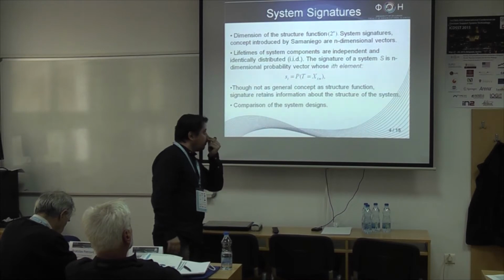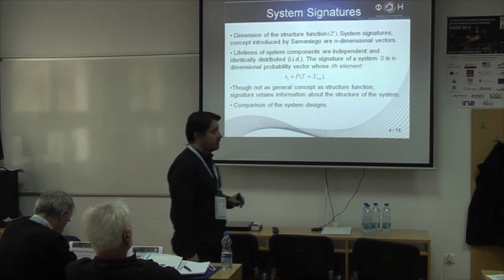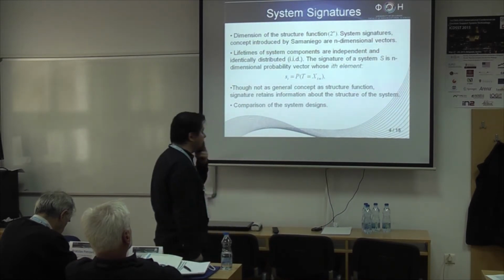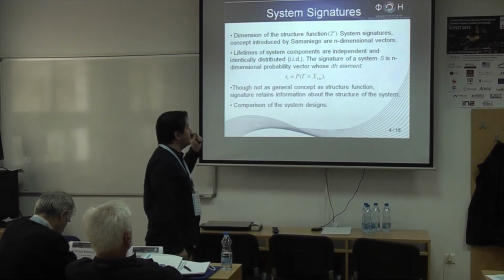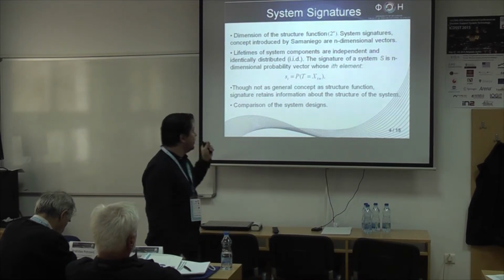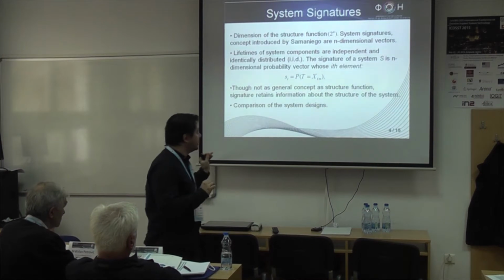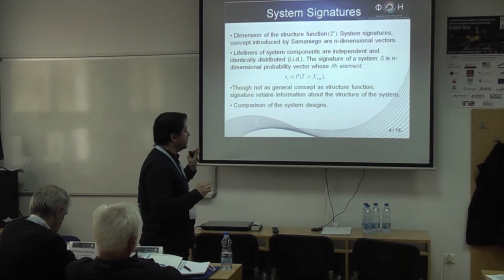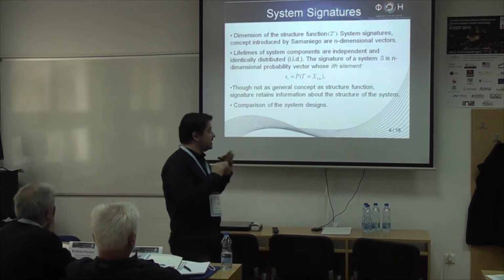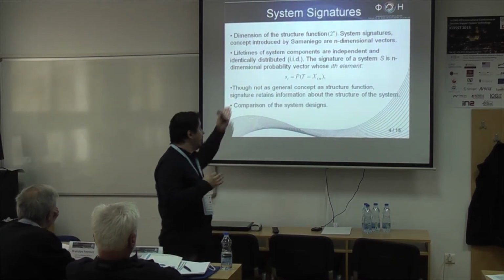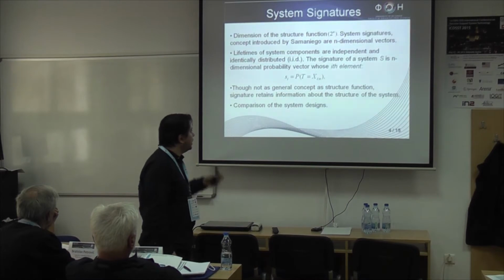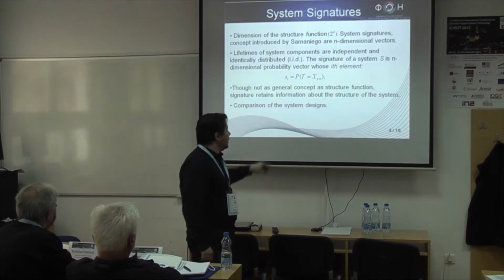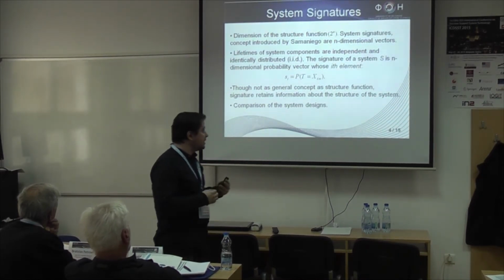There is one assumption we have to make in this case, and that is that the lifetimes of the components are independent and identically distributed. In this case, the signature of a system is an n-dimensional probability vector whose each element is an order statistic.